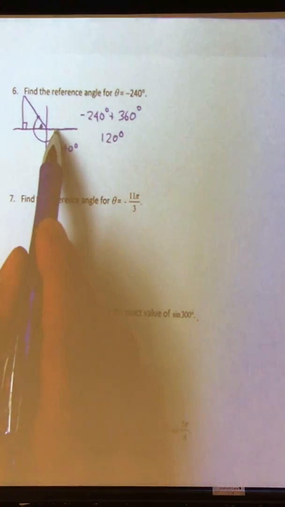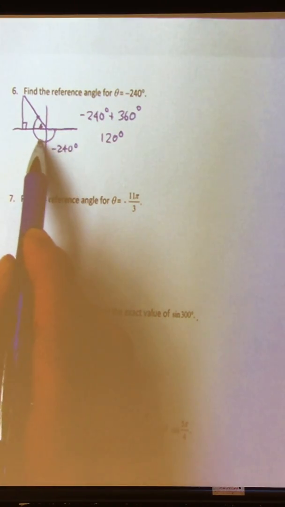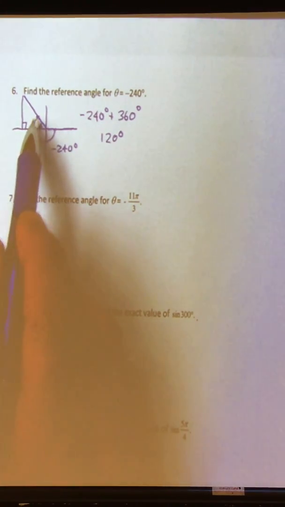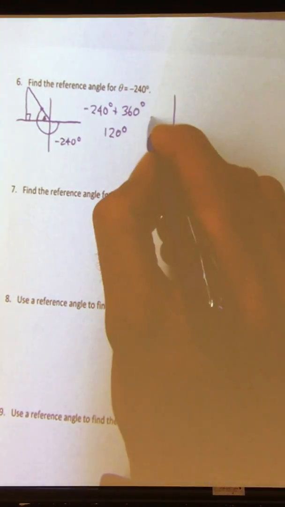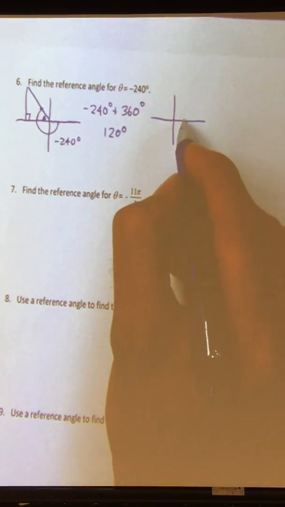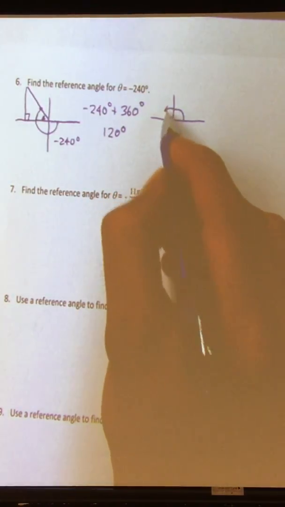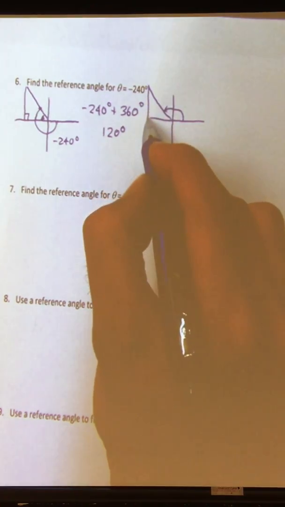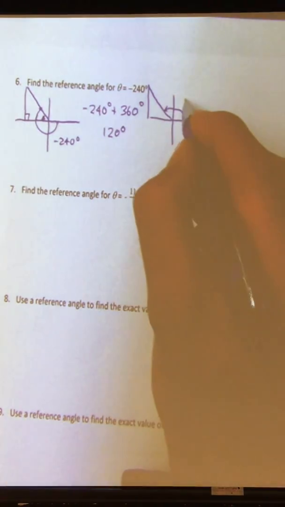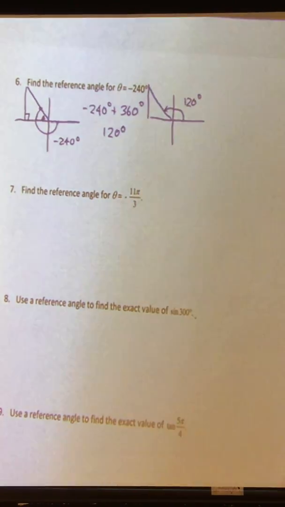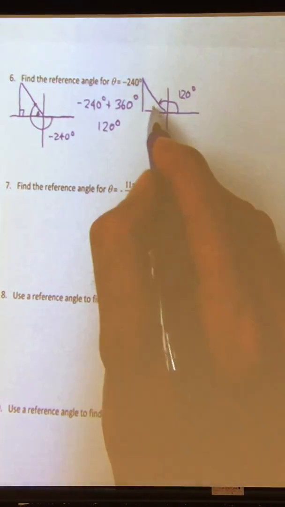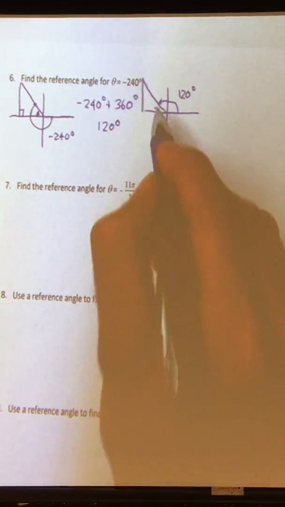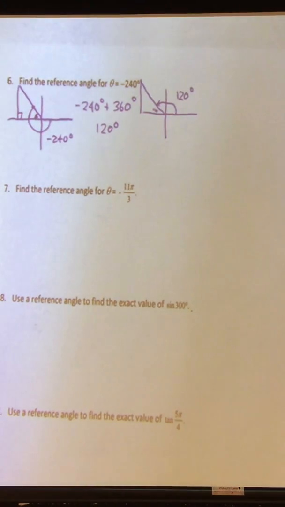So rotating from the positive x-axis this way, negative 240, is the same thing as starting on the positive x-axis and rotating to the second quadrant in the exact same place, but this is a positive angle of 120 degrees. Our reference angle is still in the same spot as it was before, but now it's very easy to see.